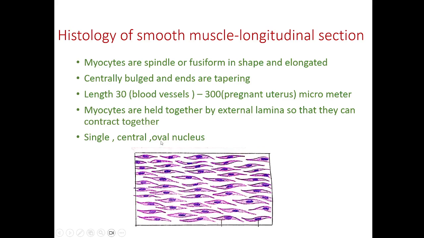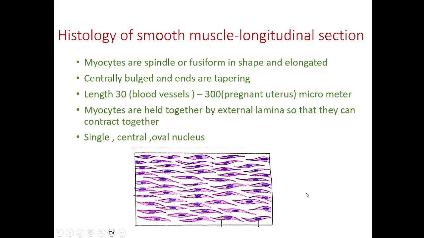The nucleus will be present in the center as shown in the picture, and it is a single, oval nucleus in the center. So this kind of arrangement of smooth muscle, where the smooth muscle fibers are running parallel to each other, but at the tapering end of one cell, the bulge of the other cell is present.